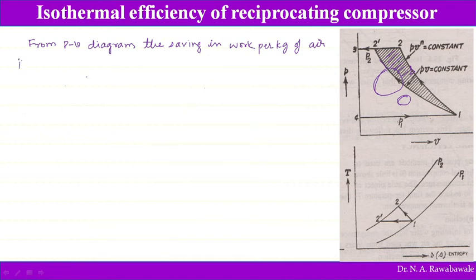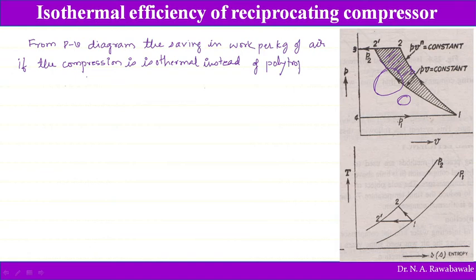if the compression is isothermal instead of polytropic, the area 1, 2, 2 dash, 1 is the work saving.